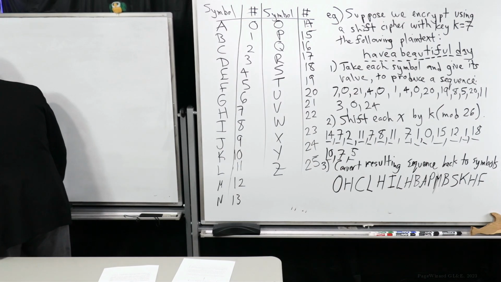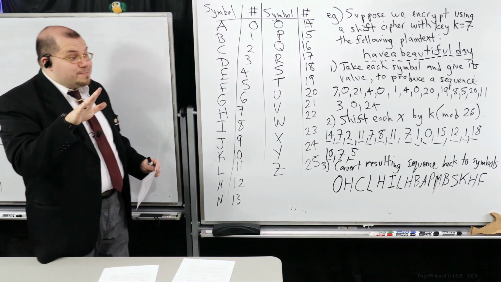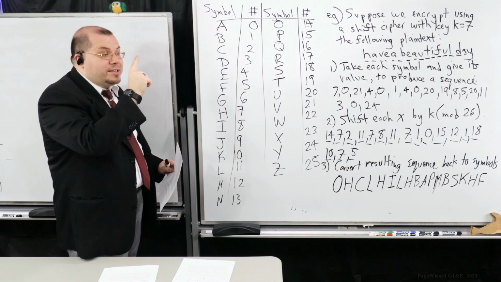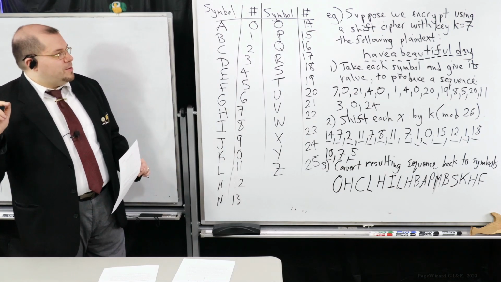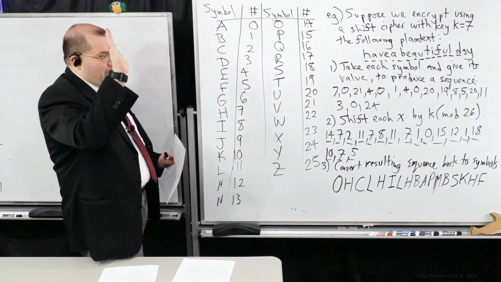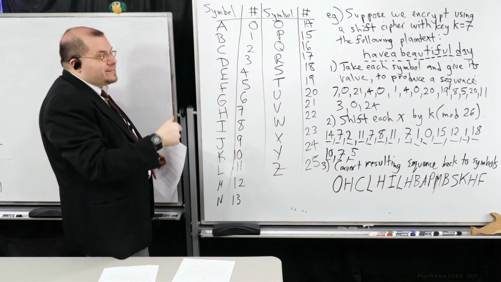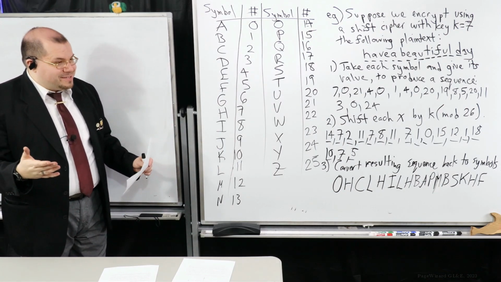the decryption process. So remember, we're going to take each one of the symbols in the ciphertext. We're going to apply the decryption rule, which remember, it is just simply whatever the corresponding number is, minus the key. Remember, our key is 7. Then you apply mod 26, because B is 26 here.